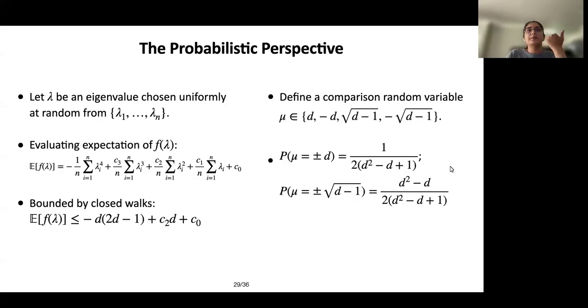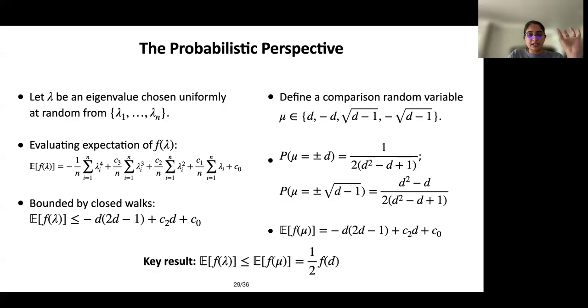That is the incidence graph of the projective plane of order d minus 1, whose median eigenvalues are exactly √(d−1) and −√(d−1). We later get that the expectation of f(μ) is actually equal to the upper bound of E[f(λ)]. And the key result that we need to keep in mind for now is that this gives us an upper bound of our expectation in terms of f(d).